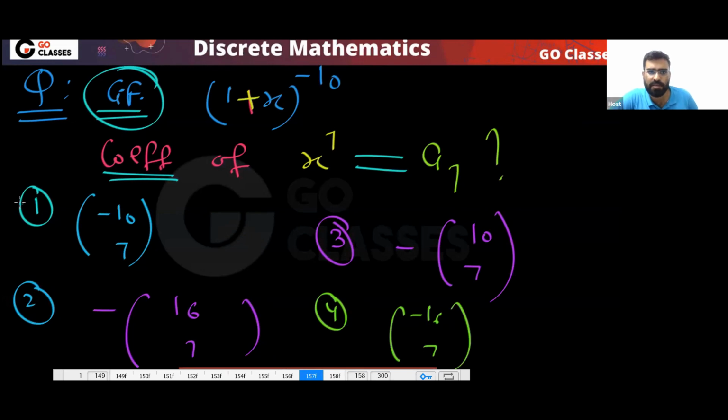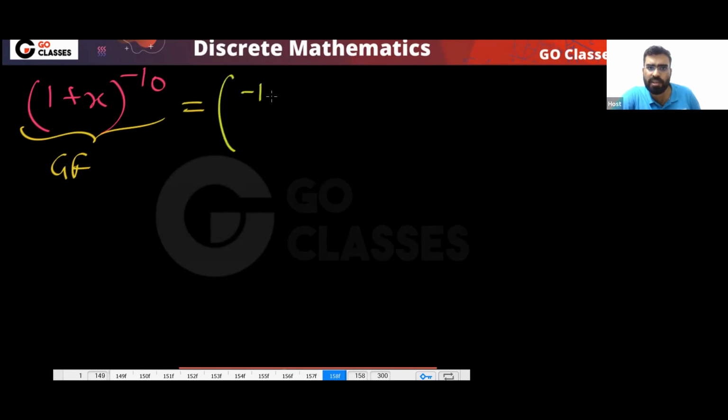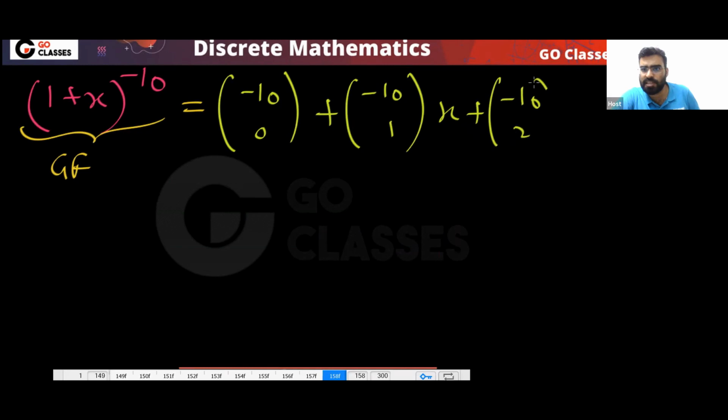So here, this answer is also correct. This is correct, this is correct, this is wrong, this is wrong. Is this clear? Because remember, it is given to you 1 plus x power minus 10. This is your generating function, so you can expand this. You will get minus 10c0 plus minus 10c1 x plus minus 10c2 x square and so on.